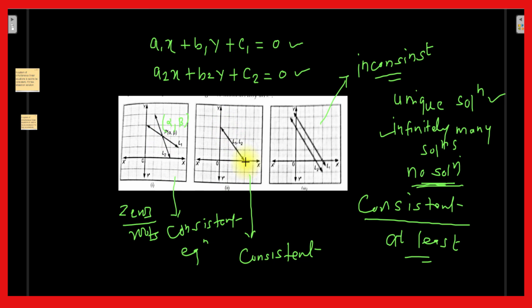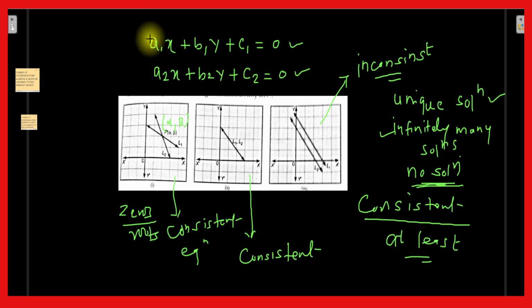If the two lines coincide with each other, it means there are infinitely many solutions, then that pair of linear equations will also be called a consistent equation. And if the two lines are parallel, it means there is no solution, then that pair of linear equations will be called an inconsistent equation.